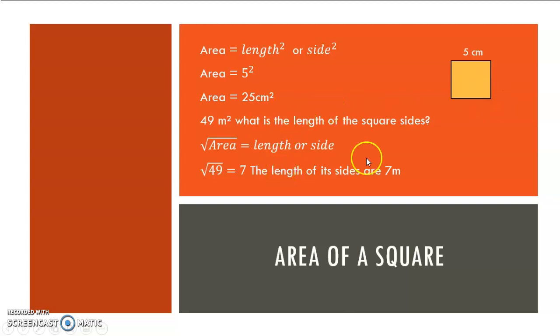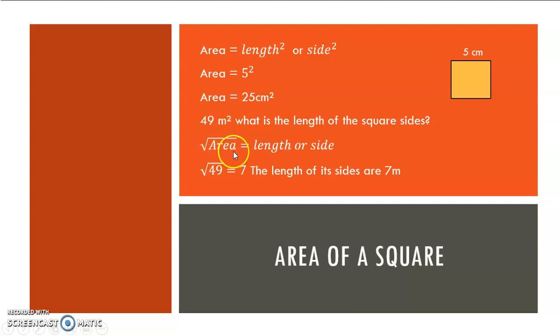Now, you can also do it the opposite way around. You can be given the area and then you have to find the side lengths. For instance, if they tell you your square has an area of 49 meters squared, what will be the side lengths? Then your formula changes. What is the inverse of square? It is square root.